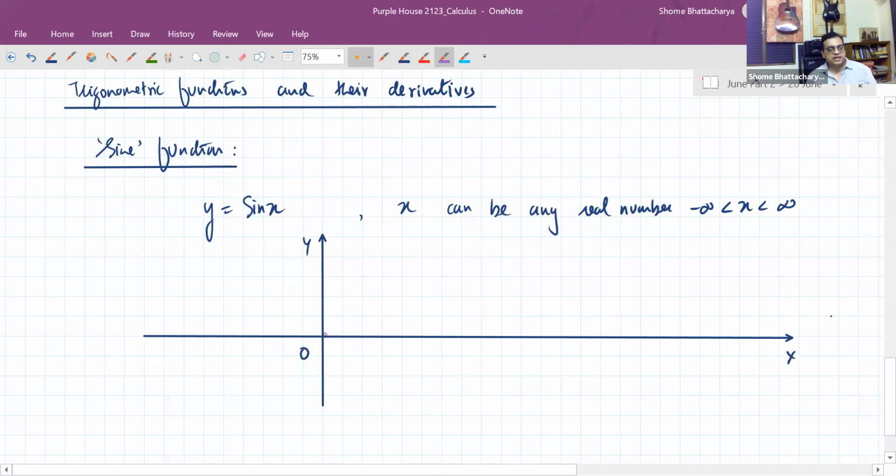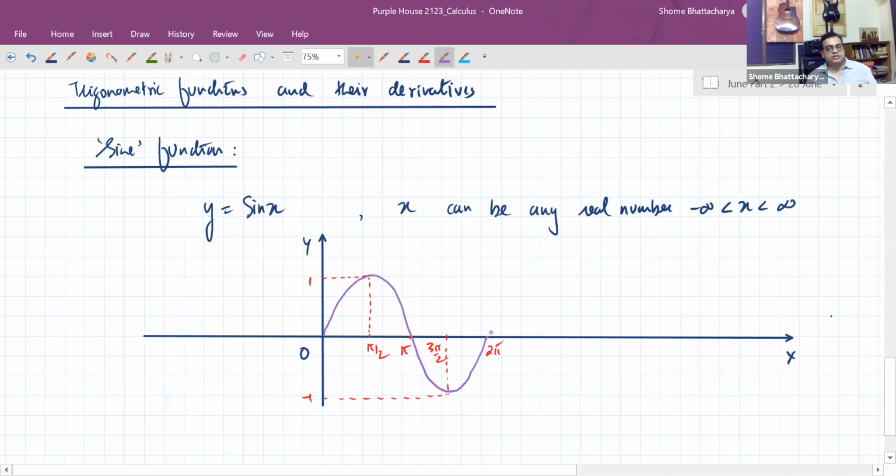For the fundamental cycle of one rotation, or 2 pi radians, we get this kind of a cycle where the value of sine x increases from 0 to 1 as x goes from 0 to pi by 2, then again comes back to 0 as x goes to pi, then it goes to minus 1 as x goes to 3 pi by 2, and finally comes back to 0.